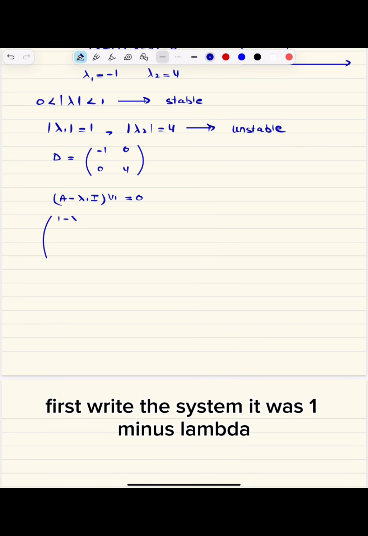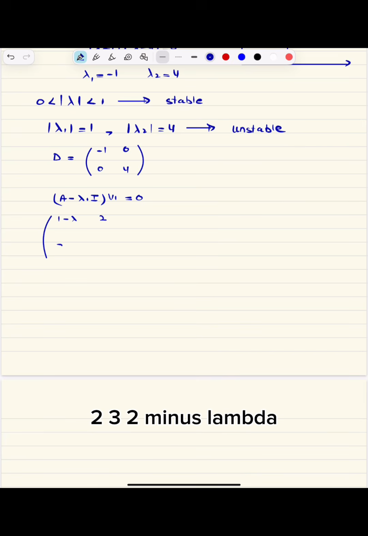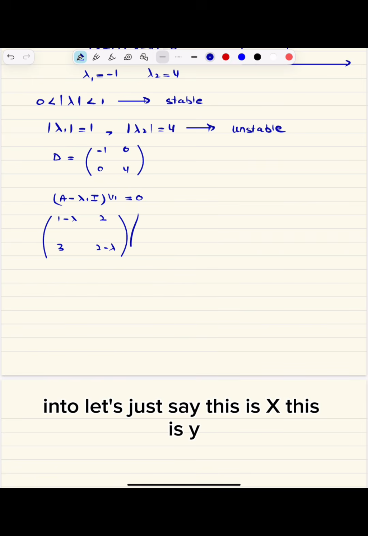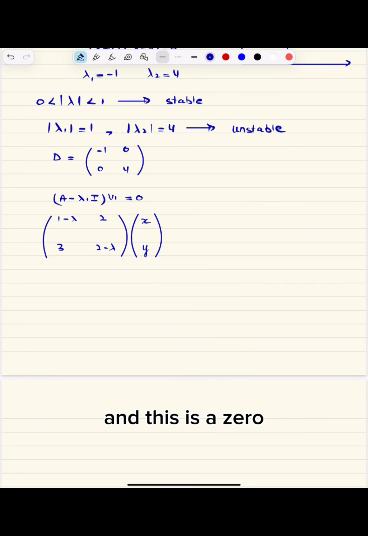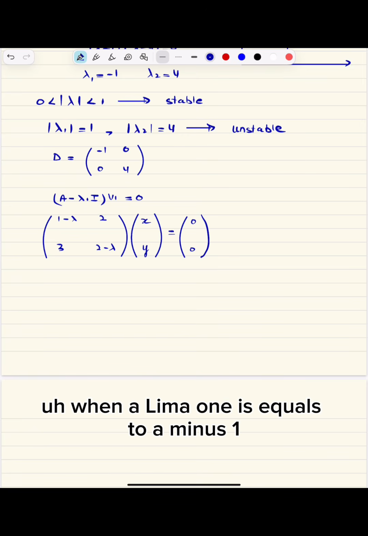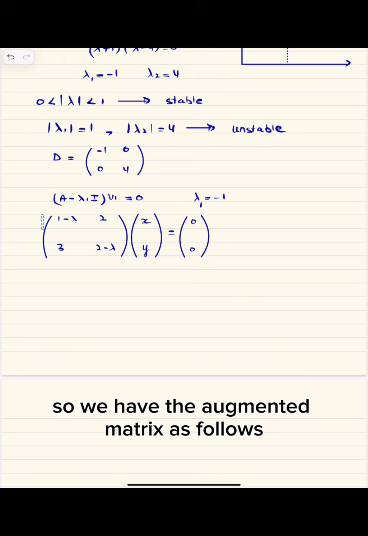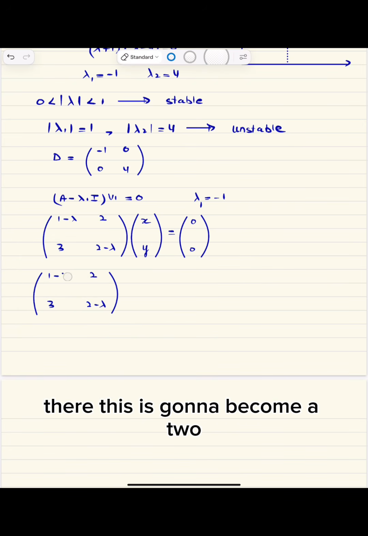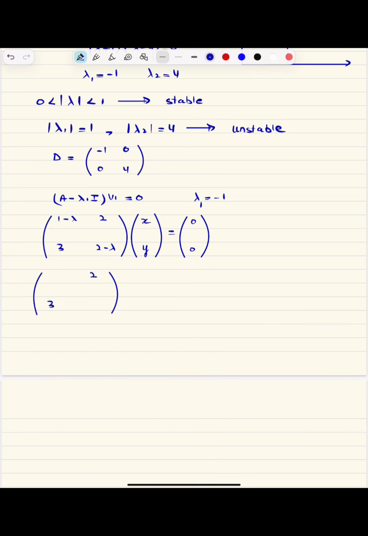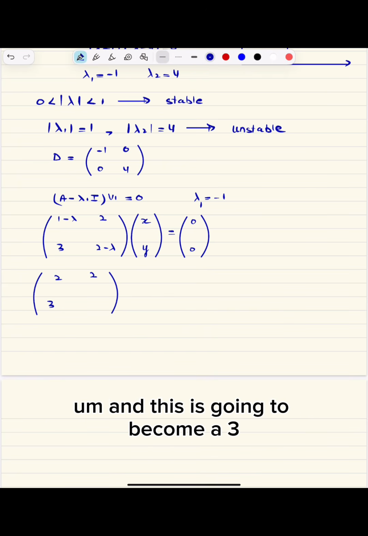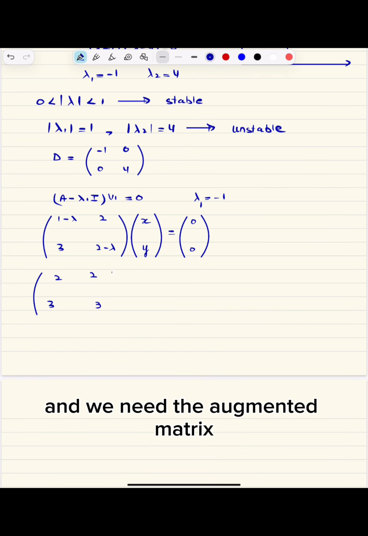It was 1 minus lambda, 2, 3, 2 minus lambda, times, let's just say this is x, this is y, equal to 0, 0. Okay, when lambda 1 is equal to -1, we have the augmented matrix as follows. This is going to become a 2 and this is going to become a 3, and we need the augmented matrix.